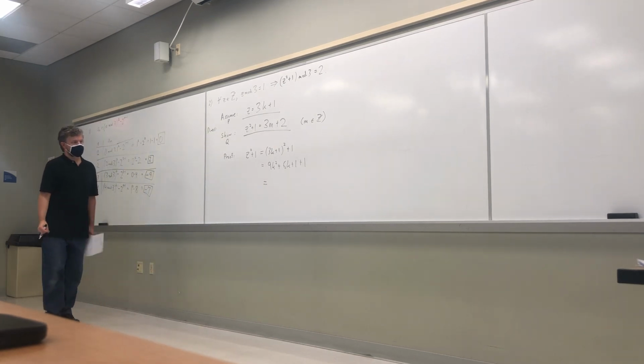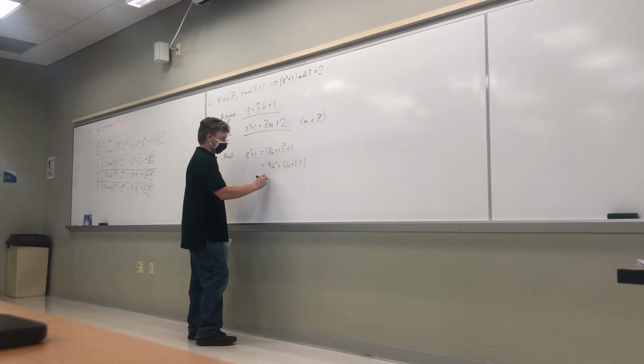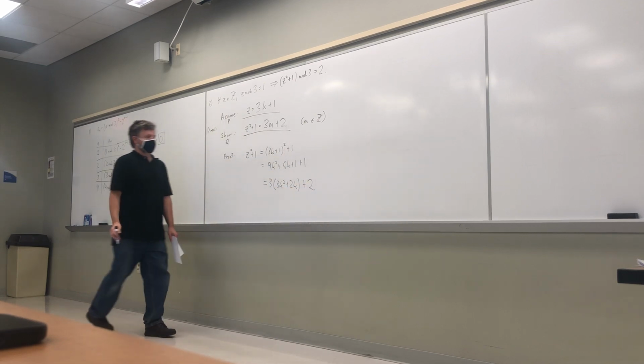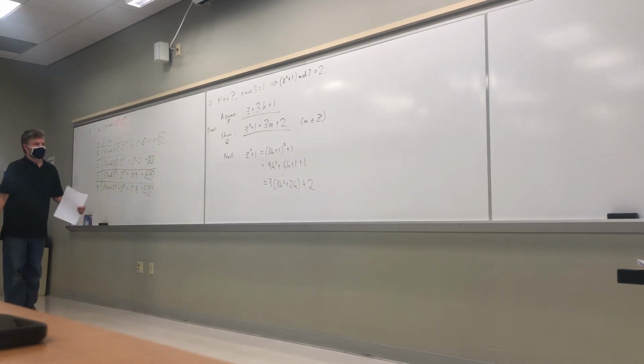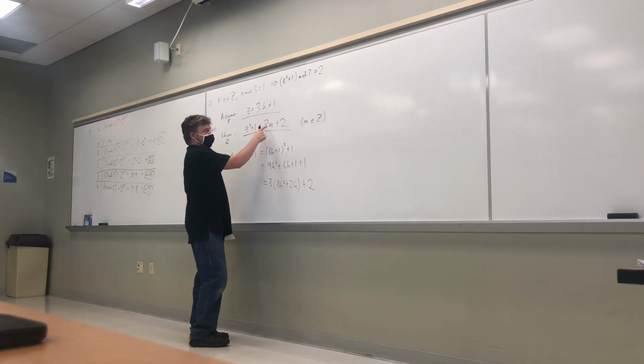And then you can pull out a 3 from the first two parts, and then the second you just add 1 plus 1. So you get 3 times 3k squared plus 2k, plus 2. The 2 at the end is just 1 plus 1. And that's finished, because that is 3 times m plus 2.